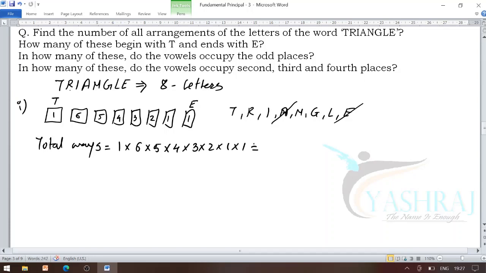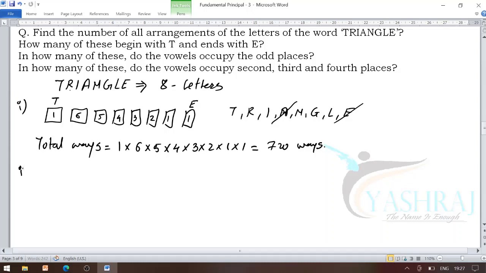So 6 into 5 into 4 into 3 into 2 into 1 gives us 720 ways. That means there are 720 different 6 letter words that can be formed using the letters in the word triangle starting with a T and ending with an E.